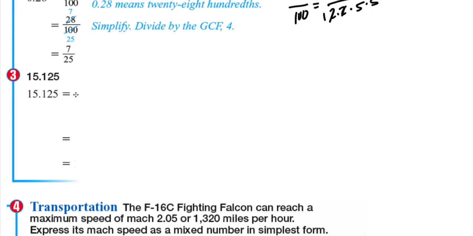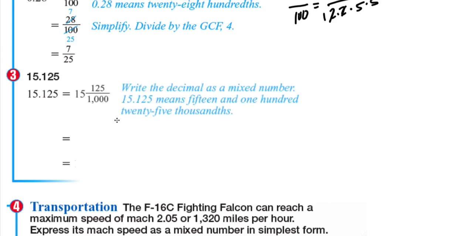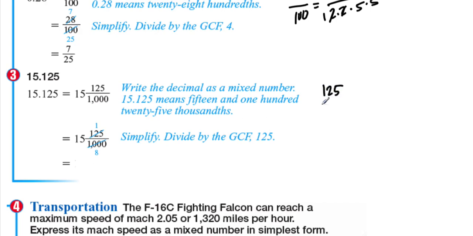Example 3: 15 and 0.125. 5 is in the thousandths place, so this is 15 and 125 over 1,000. Which means that the GCF would be 125. How do we know this? Again, using prime factorization of 125 over 1,000. 125 prime factors are 5 times 5 times 5. Prime factors of 1,000. A little bit of a tip: when you get the prime factors of 10, it's 2 times 5.